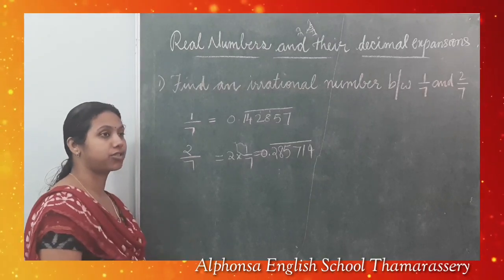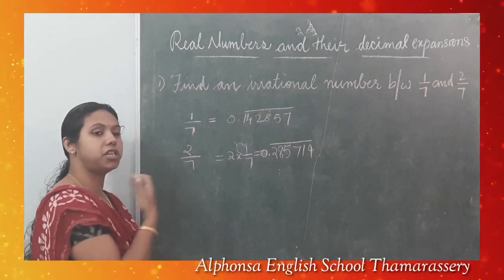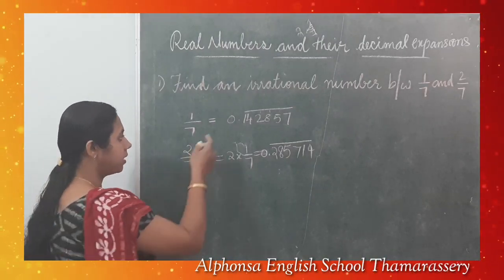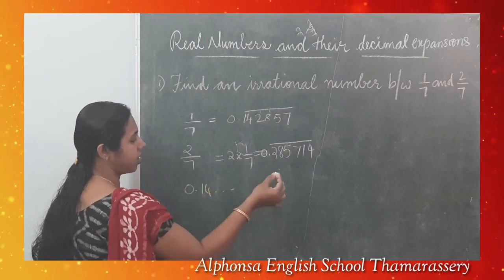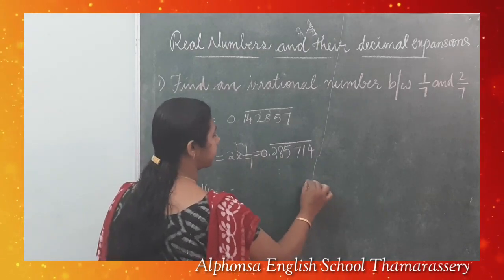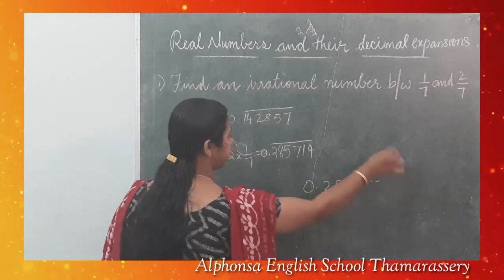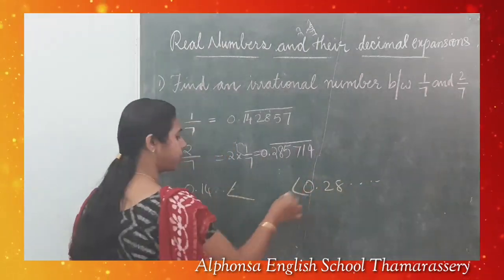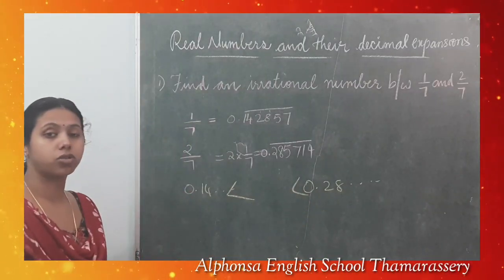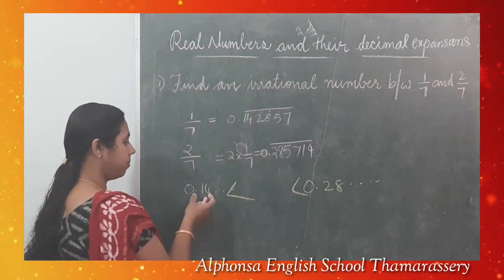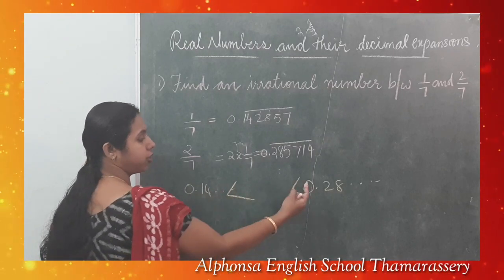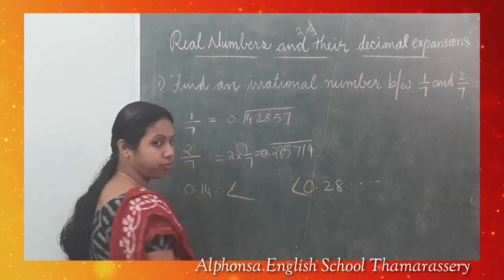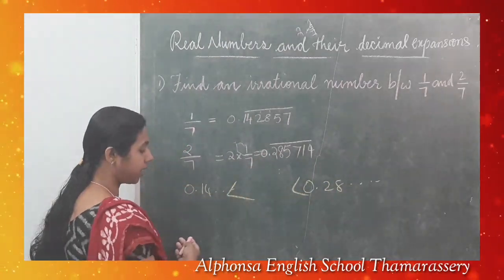Infinitely many numbers you can write between these two. For example, here the decimal expansion is 0.14 etc. Here in the second case it is 0.28 etc. So between these two we can find a lot of numbers. For example, that number should be greater than 0.14 and smaller than 0.2. So many numbers you can write.